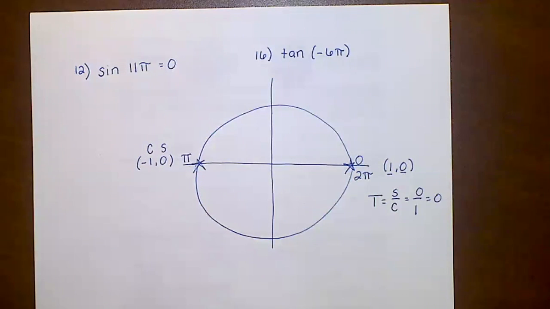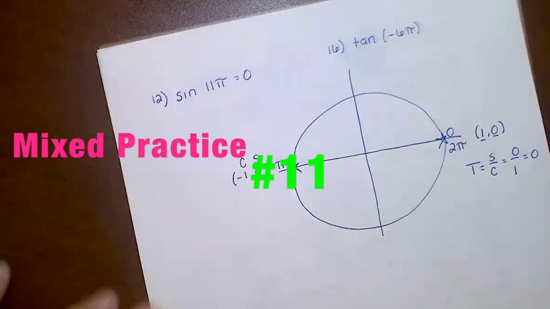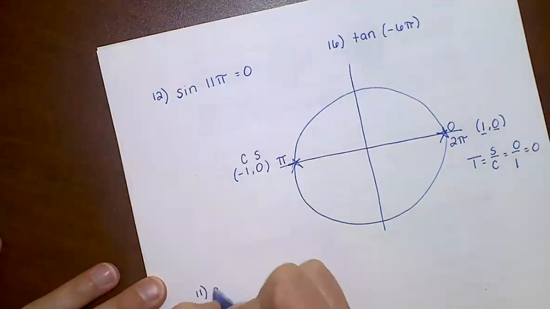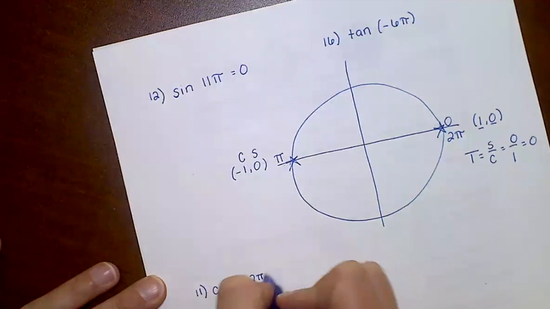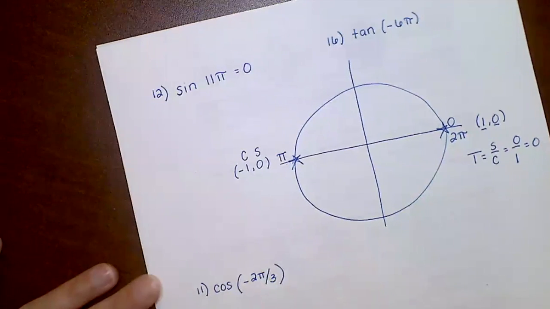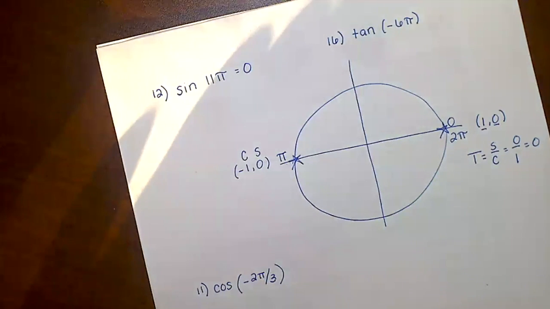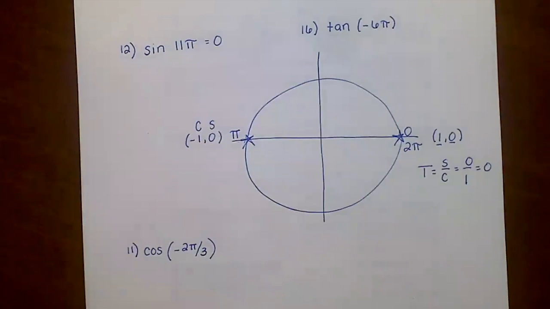Can you do number 11? Yep. Okay. So 11, I'll just keep using the same picture here, is cosine of negative 2 pi over 3. All right, let me grab a different color. Okay. Can you visualize where pi over 3 would be?